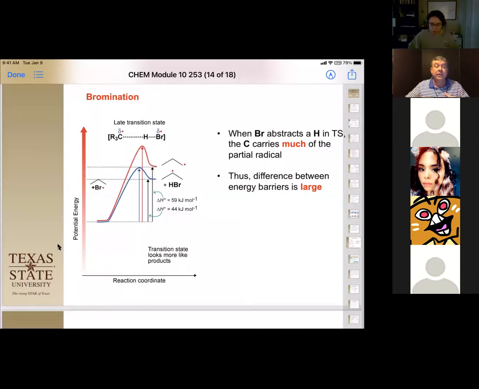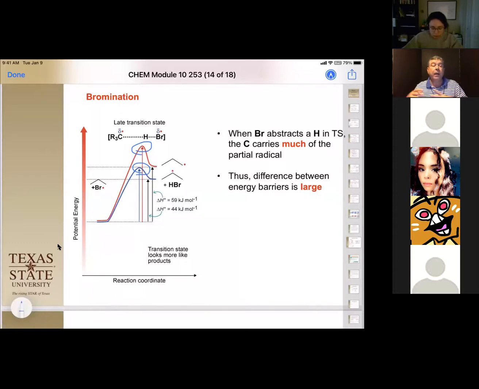So the energy difference between the secondary radical and the primary radical is getting much, much bigger. Okay, when that difference is bigger, we're going to get selectivity toward the secondary because we'll not have as many molecules able to get to this higher energy level. And we have most of them going through this lower energy level, forming the secondary. Okay. So this is why we have that selectivity in the bromine.